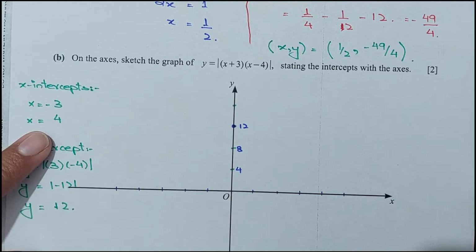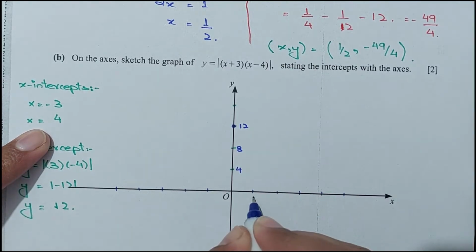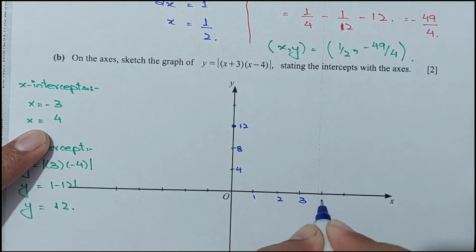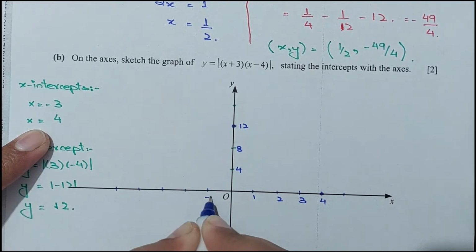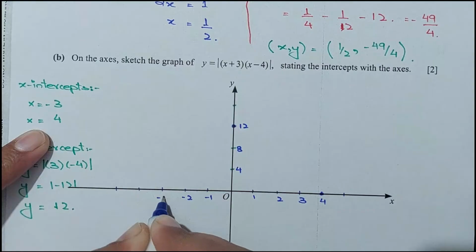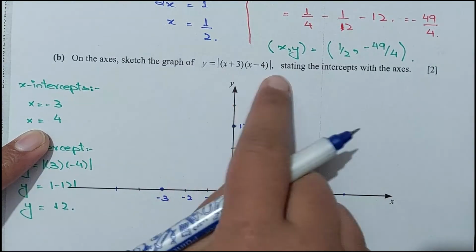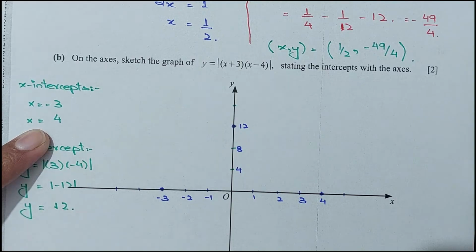The x-intercepts are 4 and negative 3. And it should be in the positive region because this is the absolute value, right?